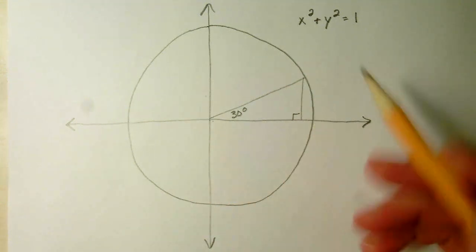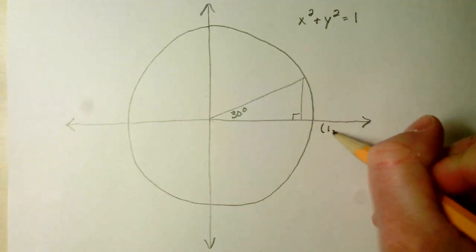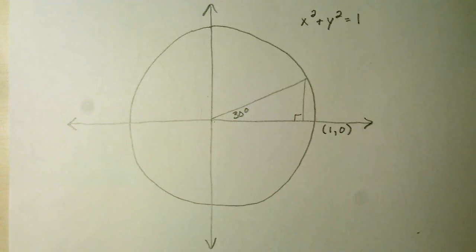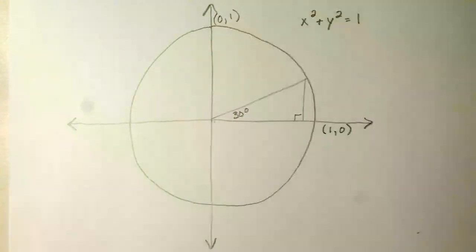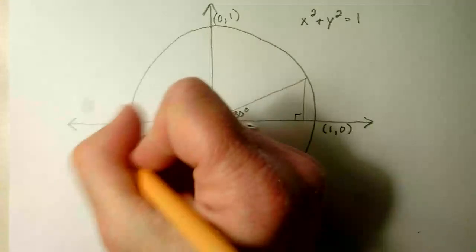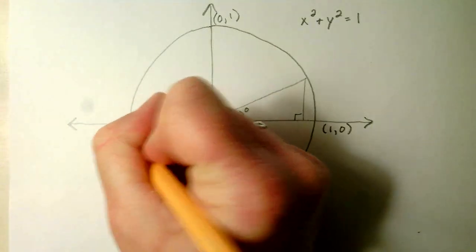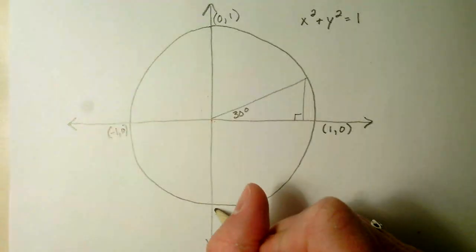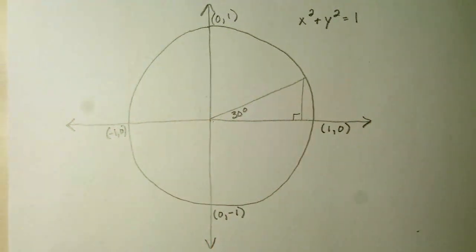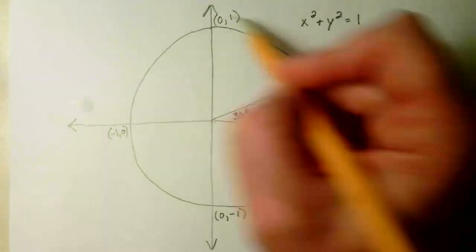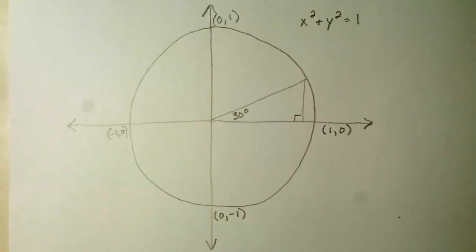So this point is 1, 0, and this point is 0, 1. This point is negative 1, 0, and this point is 0, negative 1. So we have 4 points on our circle, but we want to find some other points on our circle.